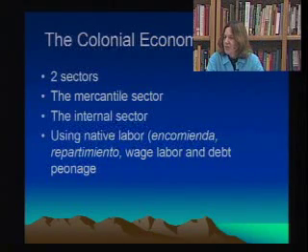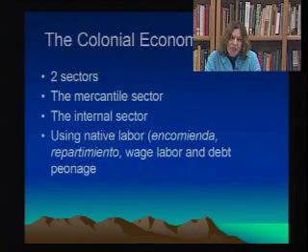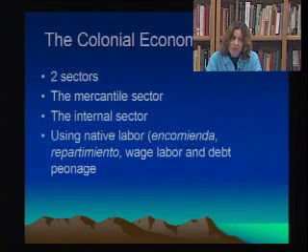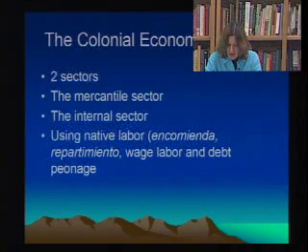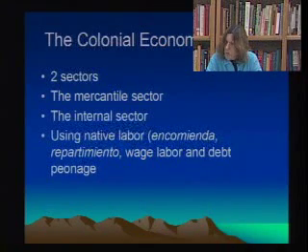It's a mercantile sector because it is based on the idea of moving goods, valuable goods, from Spanish America to Spain for profit. It is thus organized around export extraction. It's organized around the extraction of goods that were valuable.